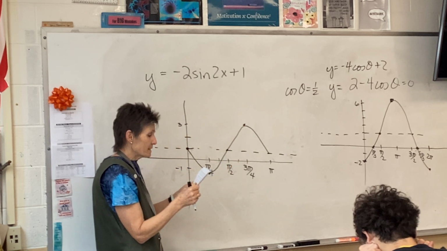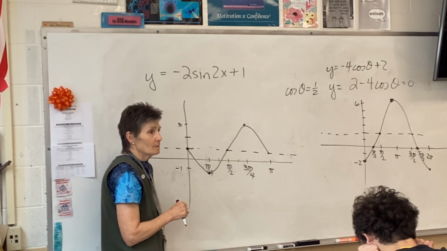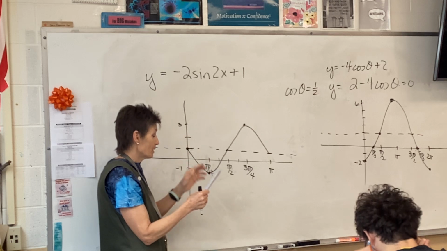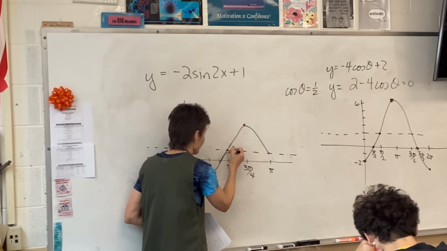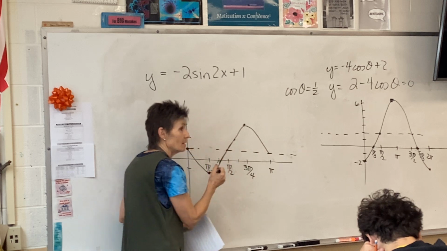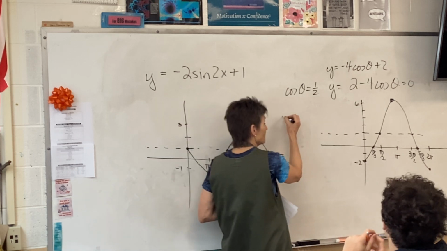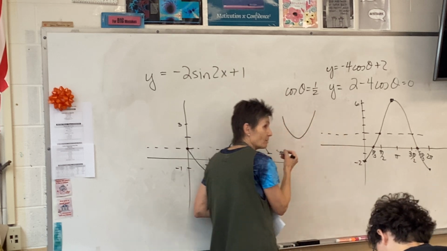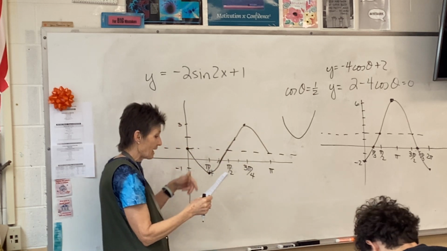Is there a relative minimum in that interval? No, absolutely not. The whole thing is increasing. That whole piece of the curve is increasing. To have a minimum, you have to go from decreasing to increasing, right? And this whole thing is increasing. All right, so it's not that one.